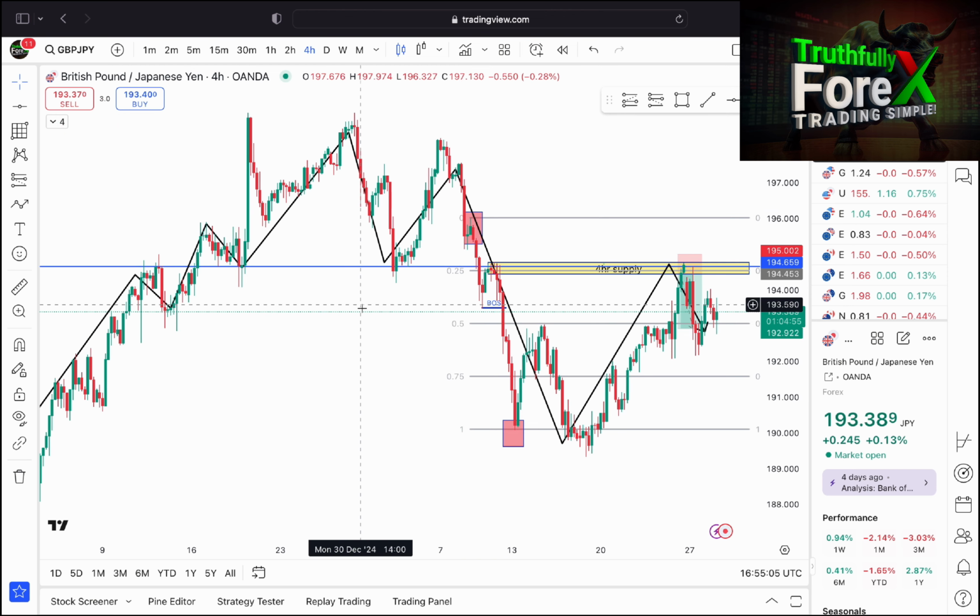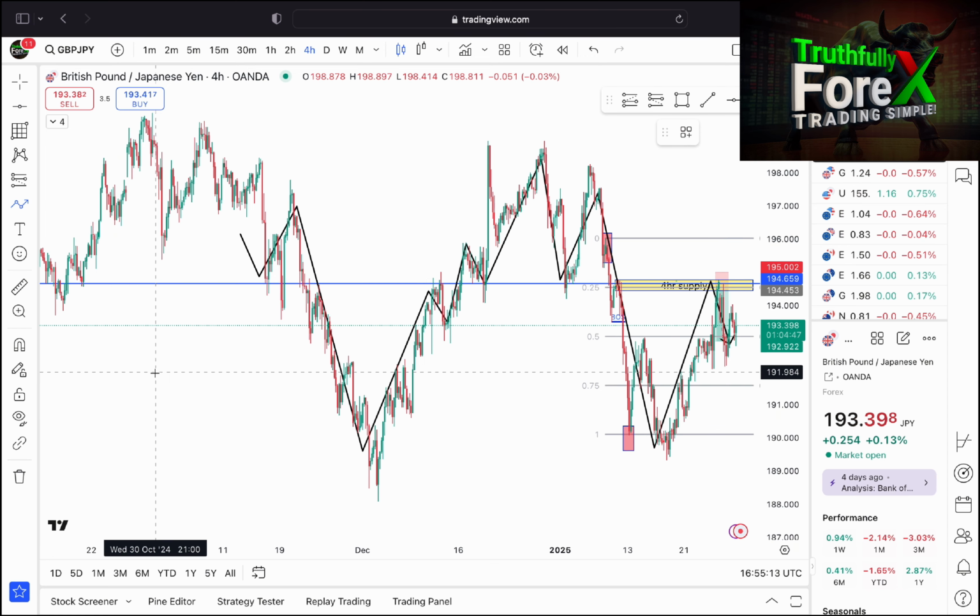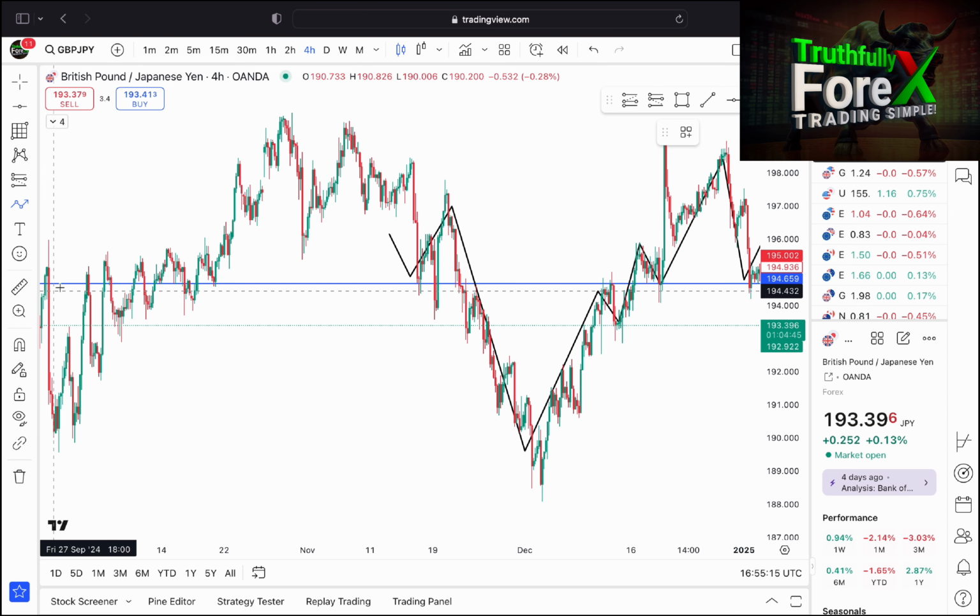Also, you can see better that it's lining up with a resistance, and you can see it a lot better on the 4 hour. Price has really respected this area, like there. So all this area is being respected, so we know it's a key level.